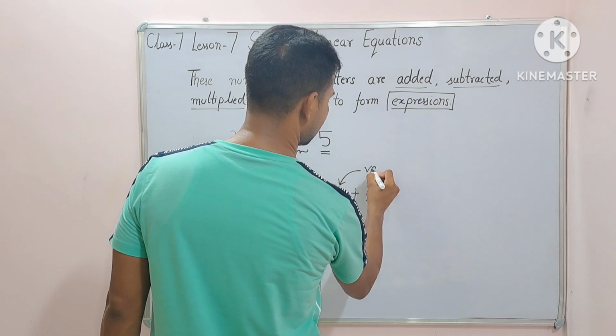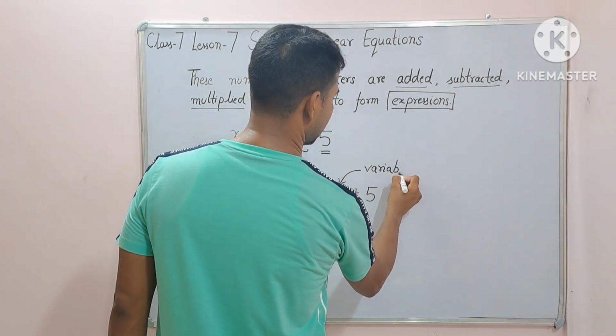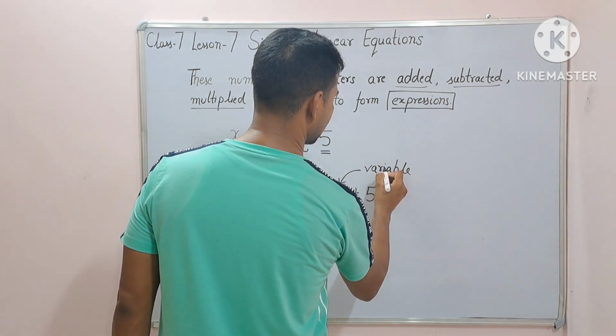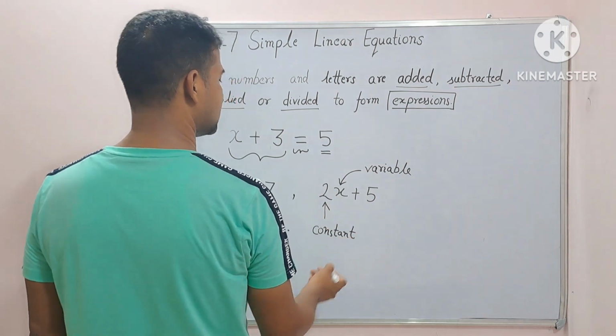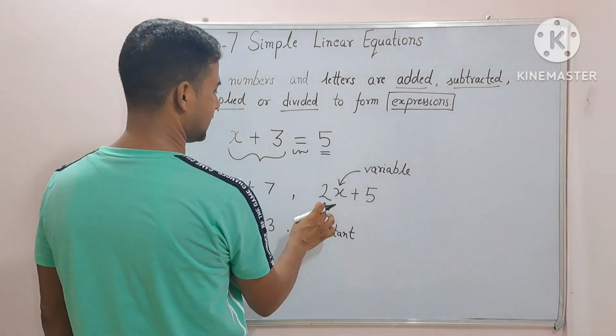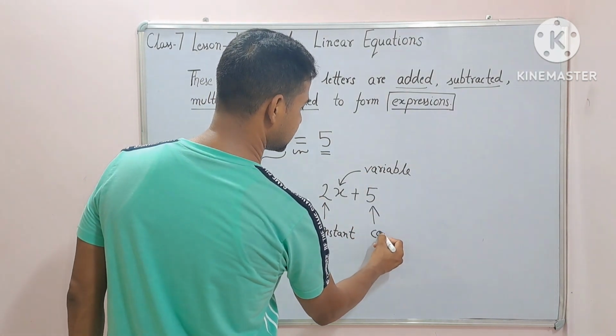This is a variable. x can be 1, 2, 3, 4. x is a variable while 2 and 5 are constants.